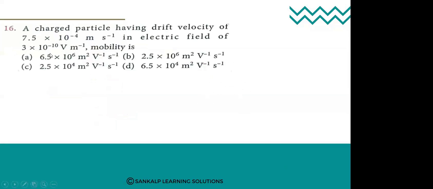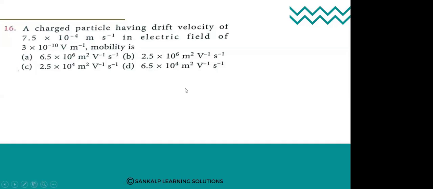See here, a charged particle having drift velocity of 7.5 into 10 to the power of -4 meter per second in an electric field of 3 into 10 raised to -10 volt per meter, the mobility is. So here you need to calculate the value of the mobility. They have given the drift velocity and the electric field.